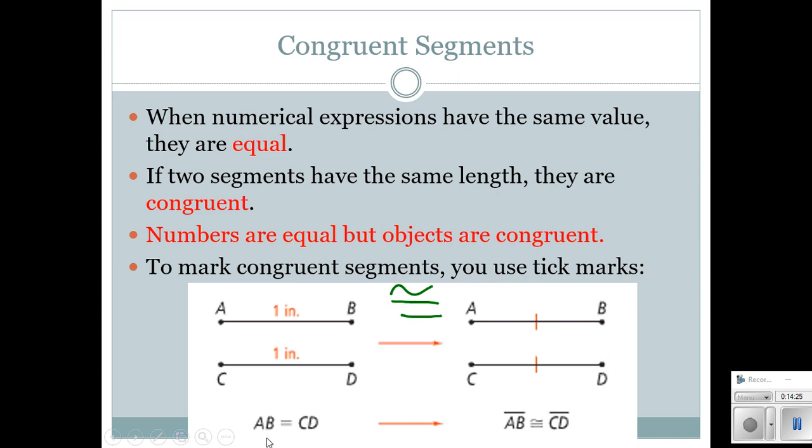The length, if they ask you to find the length, is equal, but the line segment, the object itself, is congruent. And you say that when you have these tick marks. Okay? So numbers are equal, but objects are congruent.